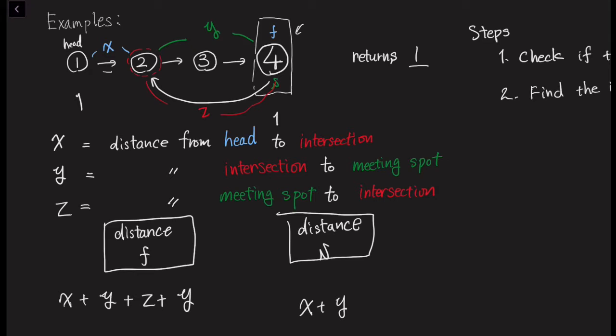Since the fast pointer traverses twice as fast, the distance it traversed is also twice as much. So we can multiply the distance the slow pointer traveled by 2, and that will be equal to the distance the fast pointer traveled.